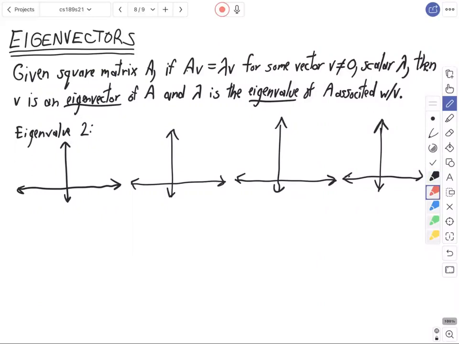Suppose, for instance, that this vector here, V, is an eigenvector with eigenvalue 2. What that means is that when we multiply A by V, we get another vector that points in the same direction, but it's twice as long. And we can repeat this process. If we multiply it by A a second time, then it's twice as long again, 4 times as long as V was. And you can do that a third time, and so on. So every time we multiply it by A, it gets twice as long.